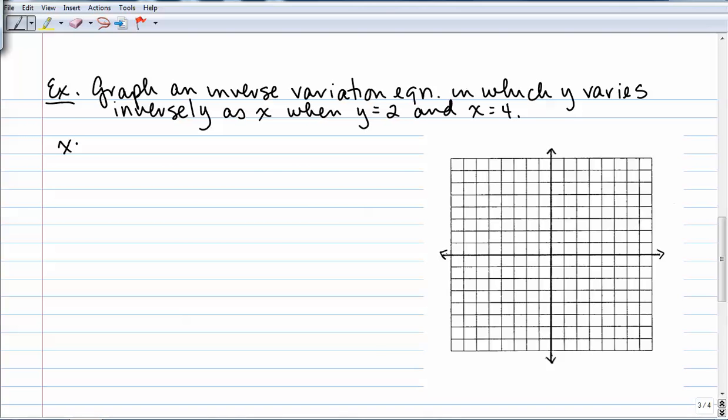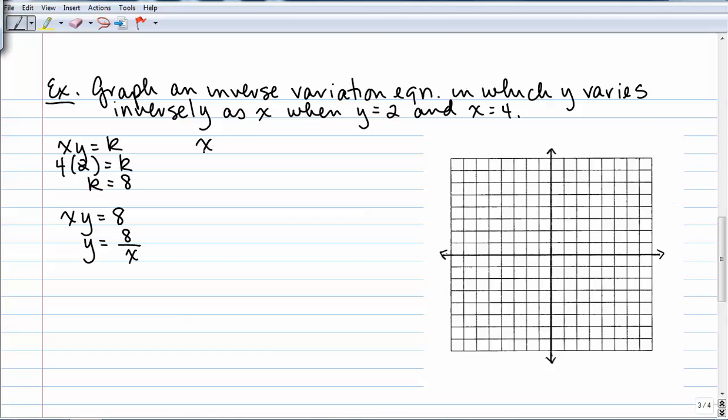So xy equals k, x is 4, y is 2, so k is equal to 8. So that gives me the equation xy equals 8, or in order to make a table, I would like for that to be solved for y, so y equals 8 over x.